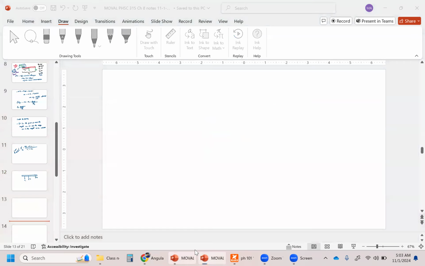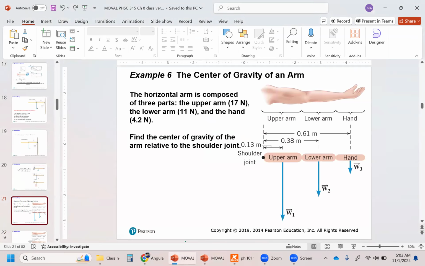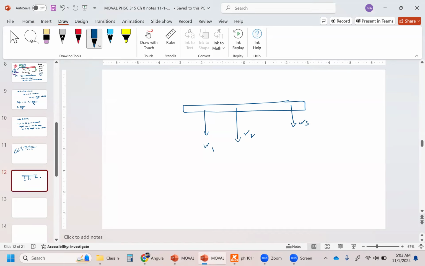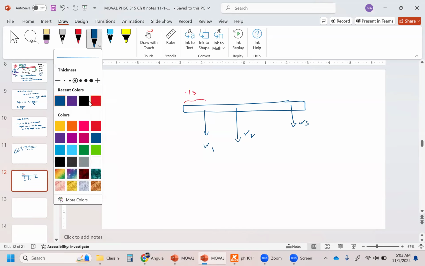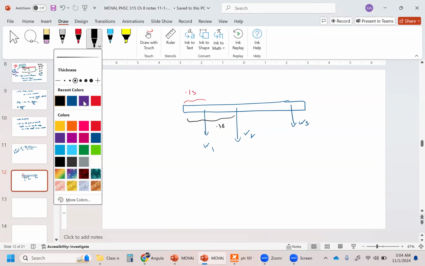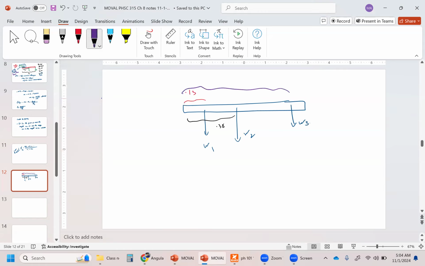And the distances for the first one are 0.13, 0.38, and 0.61 meters.